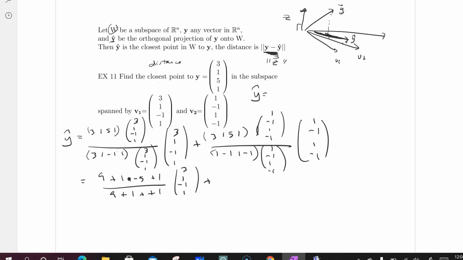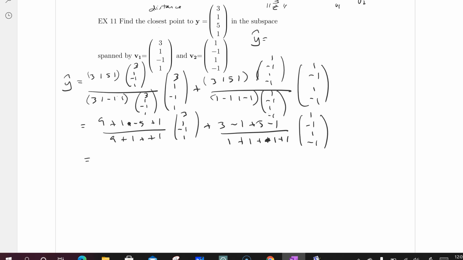Plus, doing this multiplication, I get 3 minus 1 plus 5 minus 1, which is 6, over 1 plus 1 plus 1 plus 1, four of them, which is 4, times (1, -1, 1, -1).